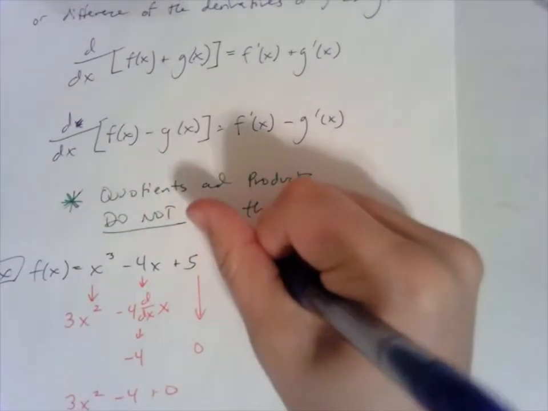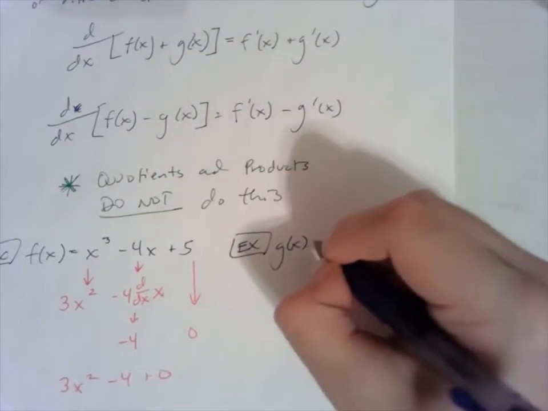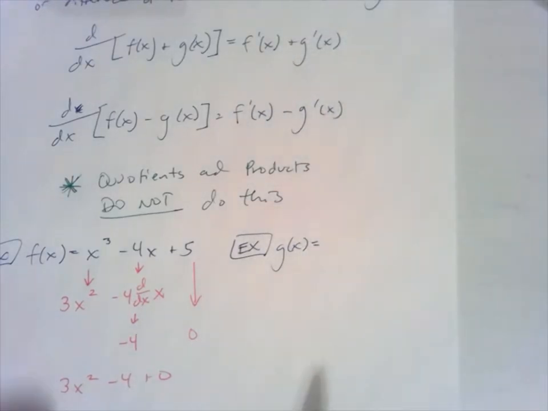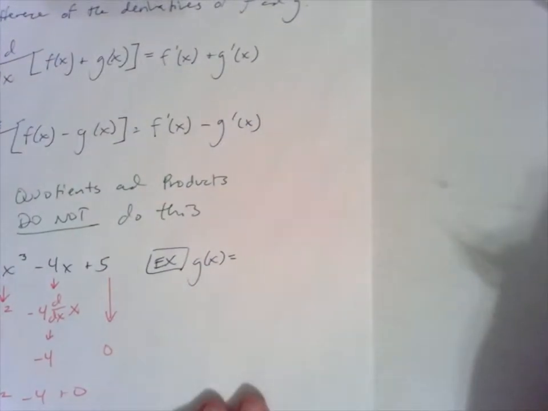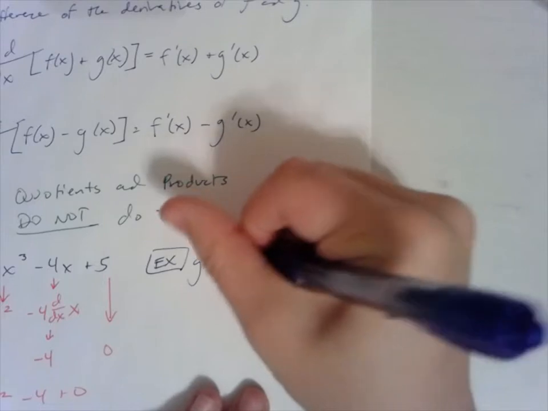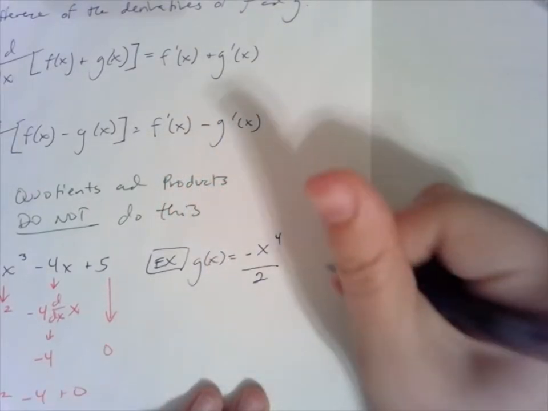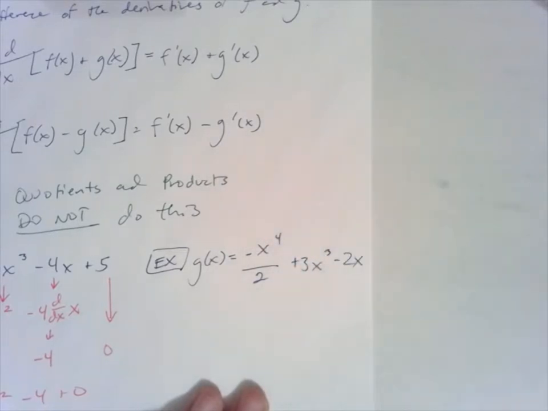Let's do another example. So say that we had g of x equals x to the 4th, negative x to the 4th over 2 plus 3x cubed minus 2x.